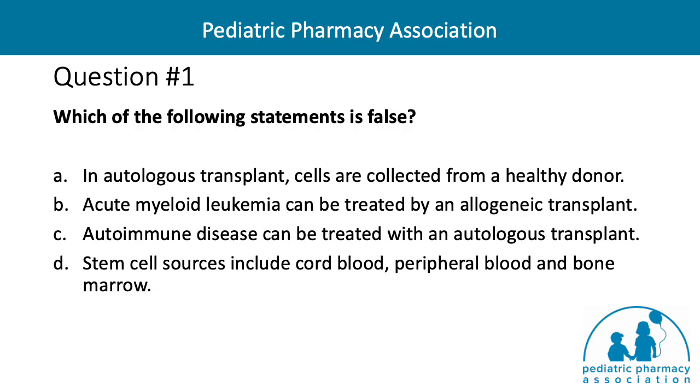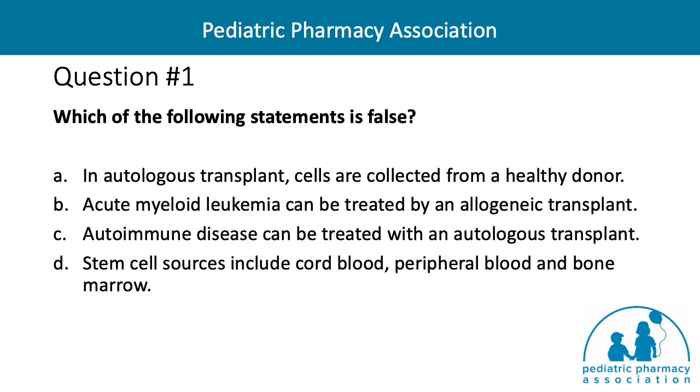So the first question is, which of the following statements is false? Is it A, in an autologous transplant, cells are collected from a healthy donor? B, acute myeloid leukemia can be treated by an allogeneic transplant? C, autoimmune disease can be treated with an autologous transplant?